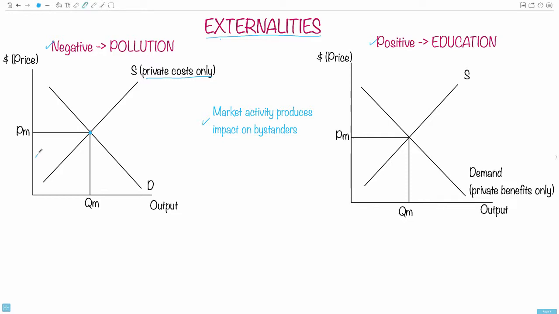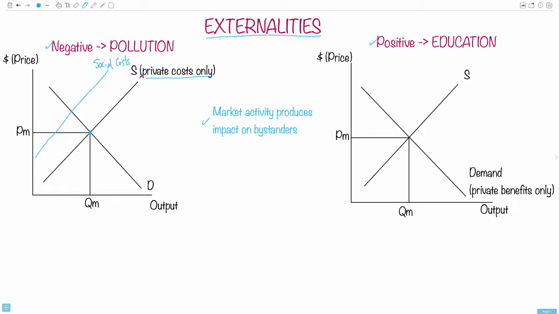There is a line, in this case my blue line, that I am going to call the social cost line. This line is basically capturing all the cost to society, those are the bystanders, that are not paid by the company, and therefore they don't take them into account.